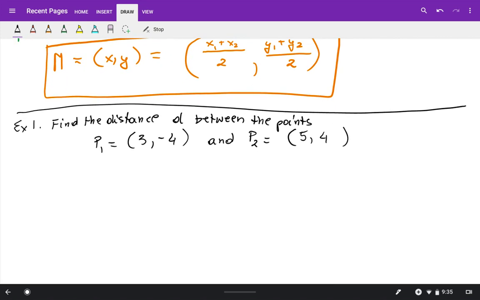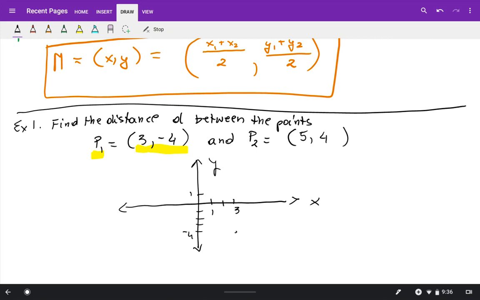You don't need to draw the coordinate plane, but I'm just going to draw one so we understand what we're doing. So we have a coordinate plane. My P1, the first point, has coordinates 3, comma, -4. So this is P1.